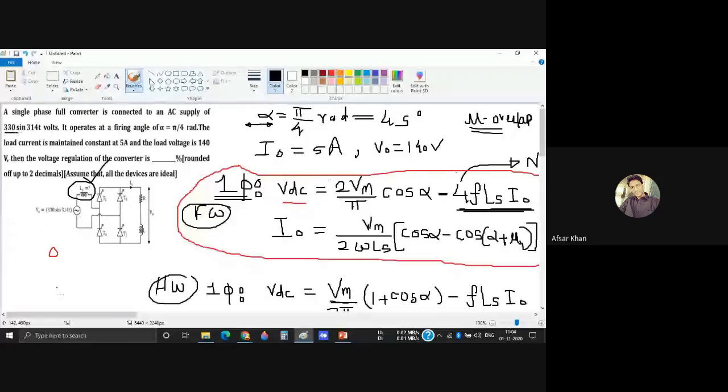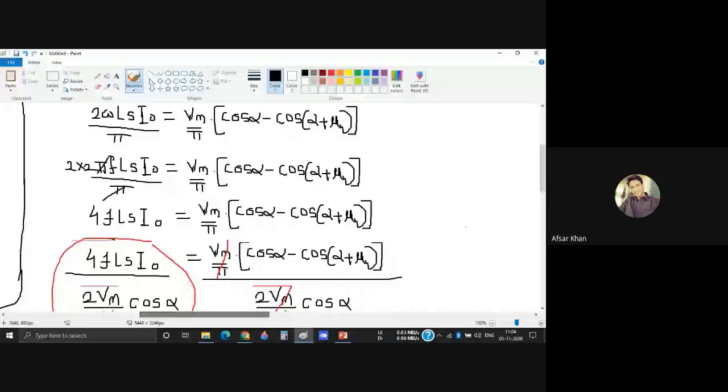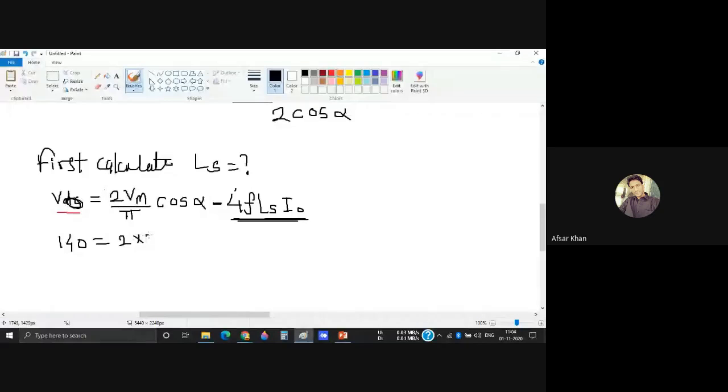So 2 into 330 by pi into cos 45, right? Minus 4 into f, which is 50 hertz, into this LS into I naught, which is 5.